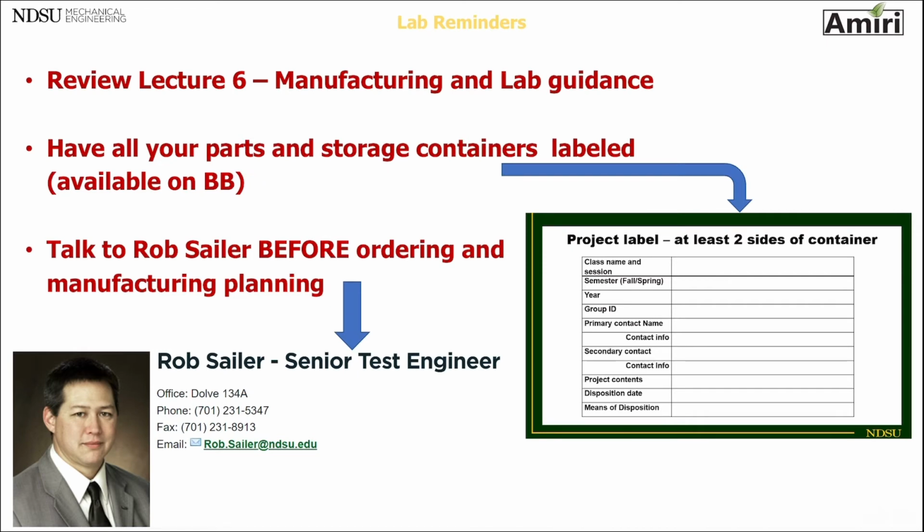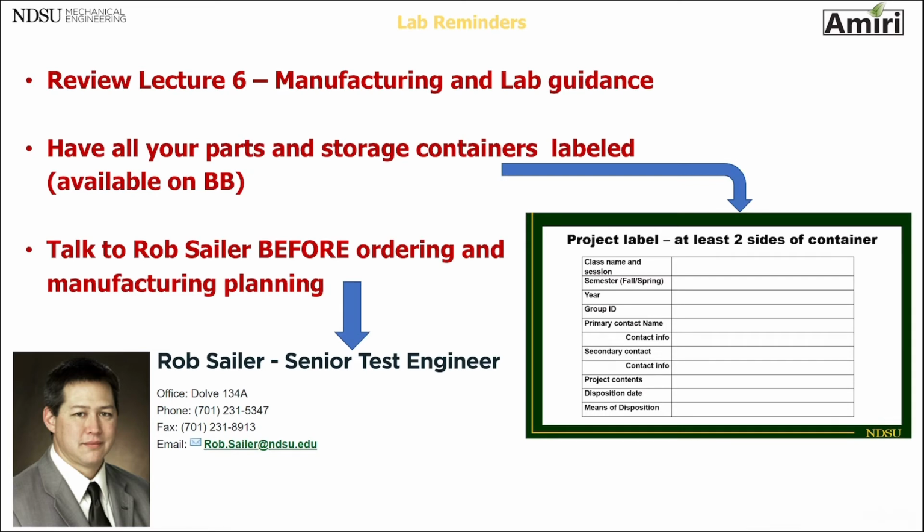Every part and assembly, system, device, frame, anything that you store in 125 or in any other lab or auxiliary building needs to have a label like this attached to it with all of the information filled in. Do not just write Senior Design or F21-1 and that's it.